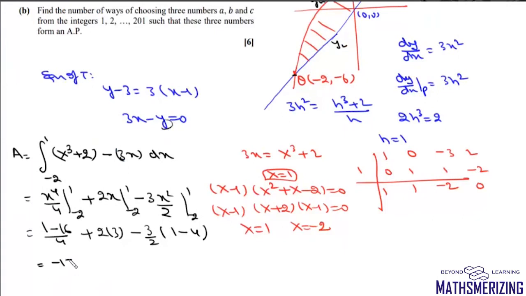So we'll get this as minus 15 by 4 plus 6, and then plus 9 by 2. It'll be 27 by 4. So area of this region will be 27 by 4 square units.